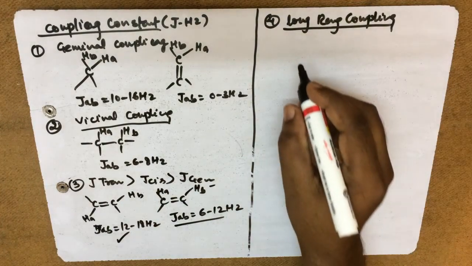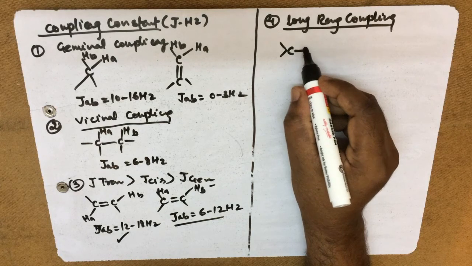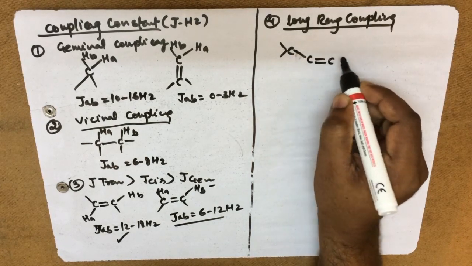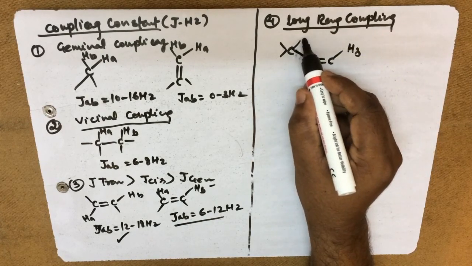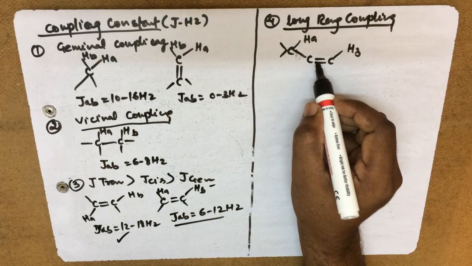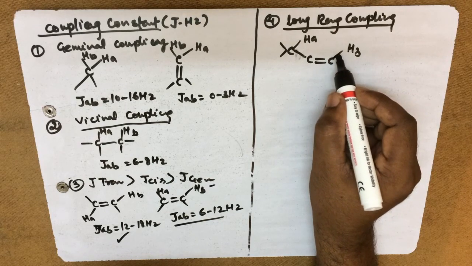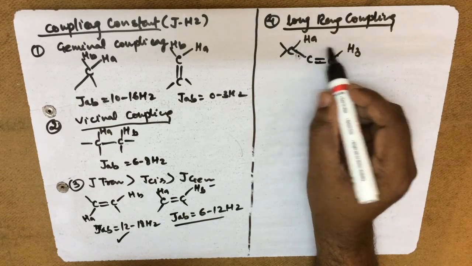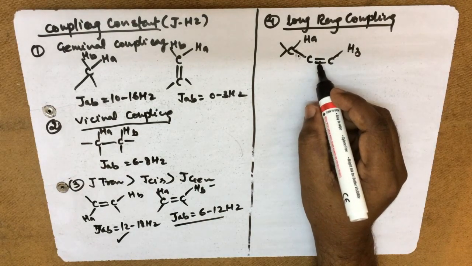If you see this HB and your HA, separated by more than 3, 1, 2, 3, 4, so separated by 4 atoms. So this is the long range coupling.